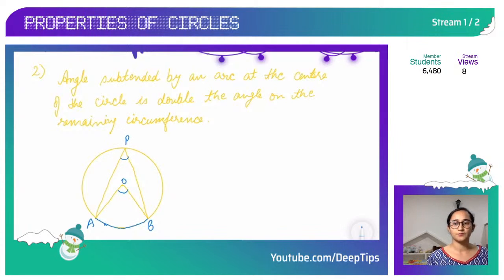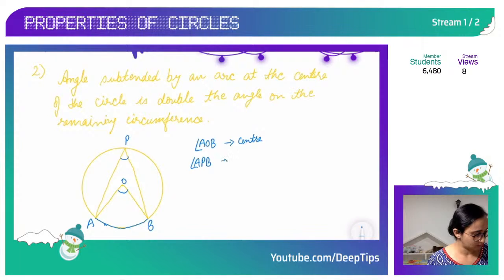So let's mark it P. So this arc AB is subtending angle AOB at the center and angle APB on the circumference. Now the question says the angle subtended at the center is double the angle on the circumference. So let's try to understand how we reach here, how this is possible.